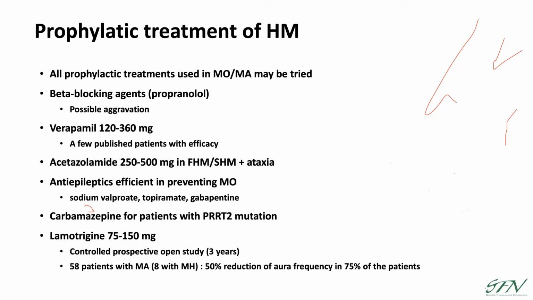I've treated more than 8 patients with hemiplegic migraine with lamotrigine, and usually it reduces the frequency of aura, and it may also reduce the duration of aura, and it may also shorten and reduce the number of symptoms during the aura. For example, a lot of my patients, after being treated by lamotrigine, have migraine with visual aura, but they do not have any more sensory or speech or hemiplegic aura.